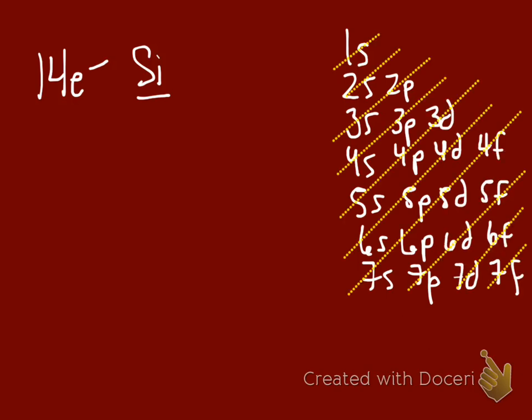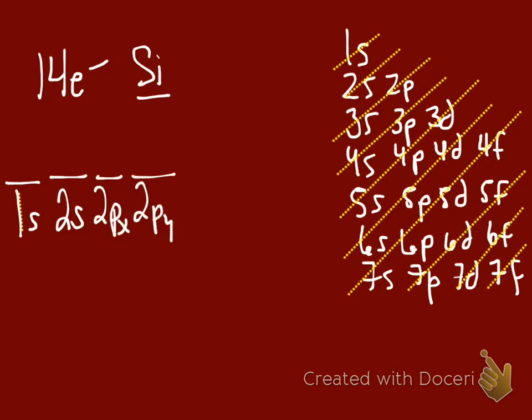Okay, so having drawn the Aufbau diagram, I'm going to start out drawing the orbitals in the order that they would fill. 1s, 2s, 2px, 2py, 2pz.